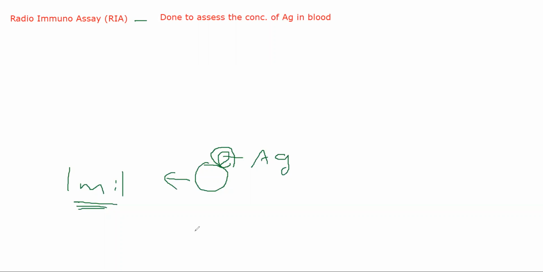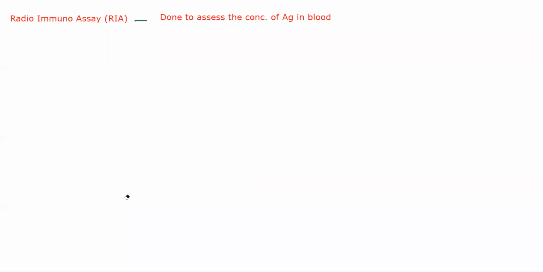That is why you're doing this radioimmunoassay. Depending on that you might want to change the treatment. Sometimes the disease can be acute and mild, or it can be severe depending on the number of antigens present.